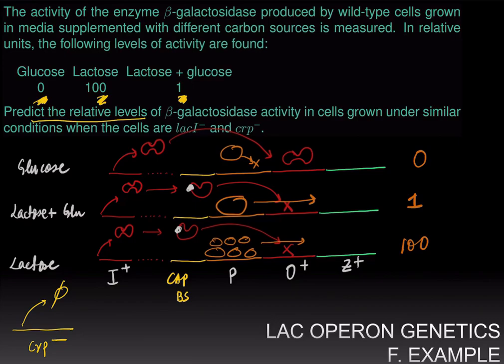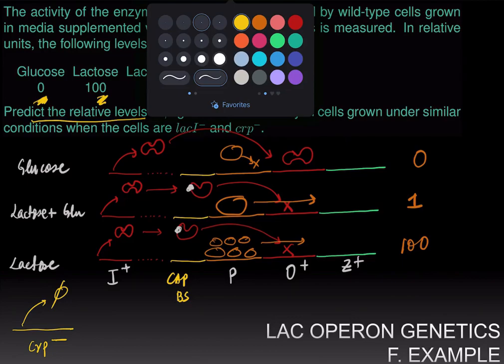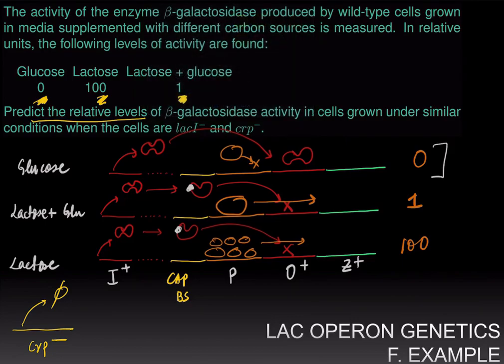Now, this first condition is not going to change, since there is a repressor which is preventing the recruitment of polymerase to the promoter, and you will still have no transcription, since the repressor is preventing the polymerase from arriving at the promoter.